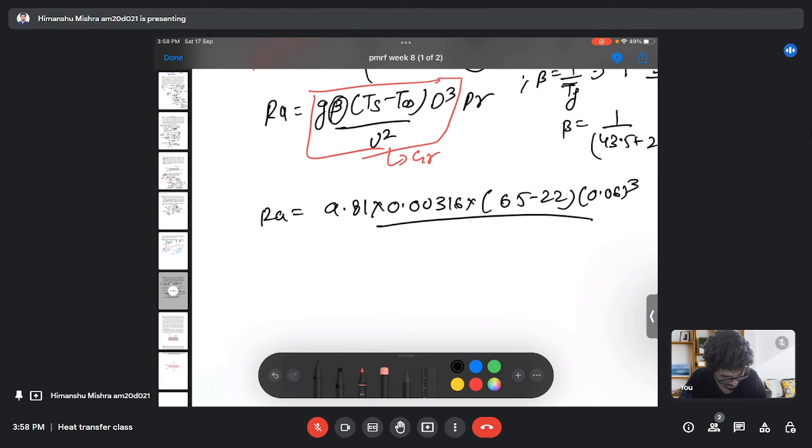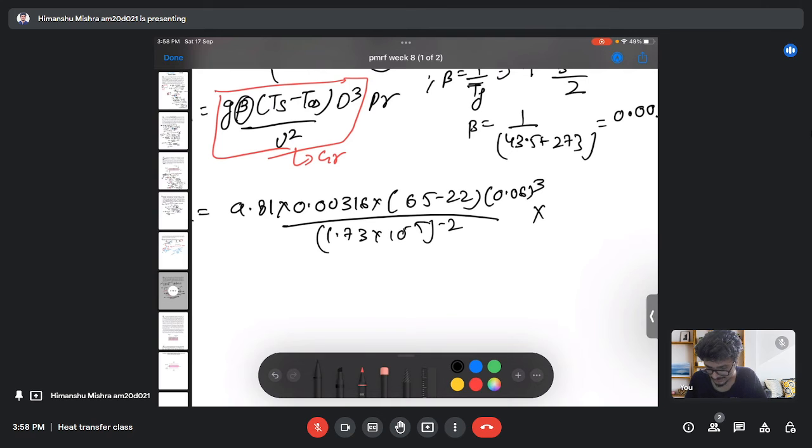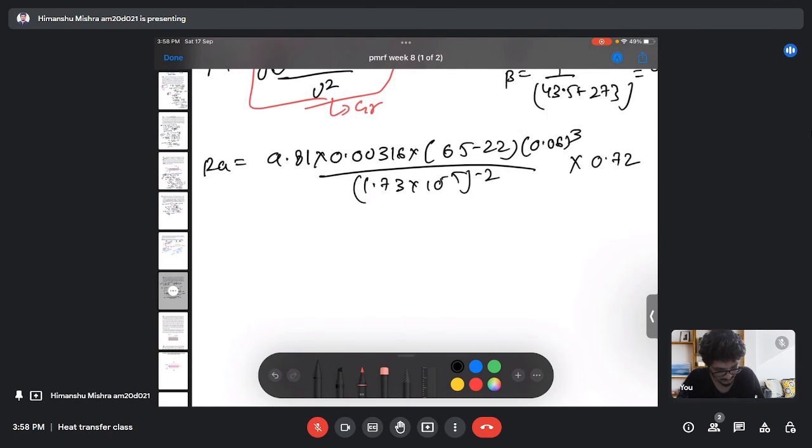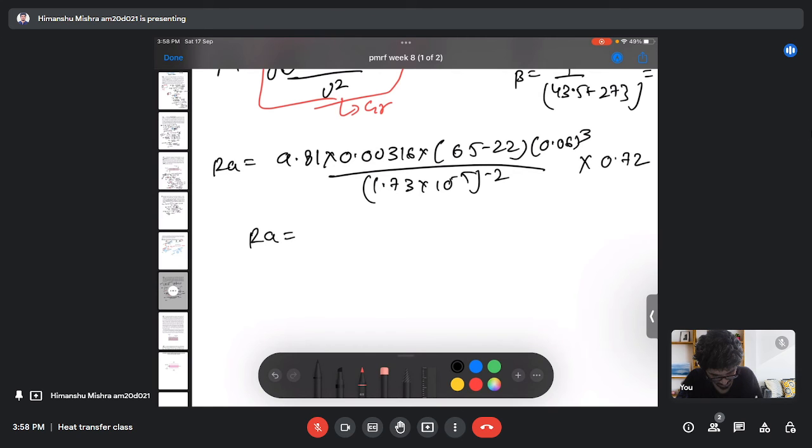The kinematic viscosity is 1.7 times 10 to the power minus 5, and my Prandtl number for the gas is 0.72. On calculating this, the Rayleigh number would be 692,805.